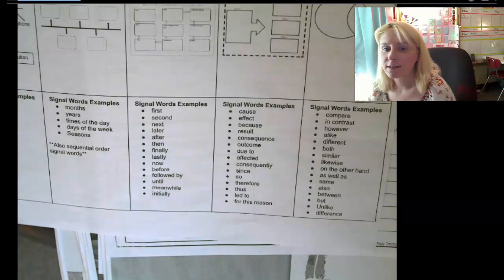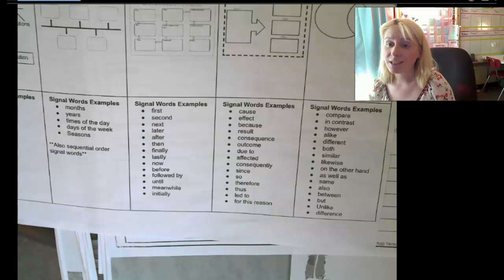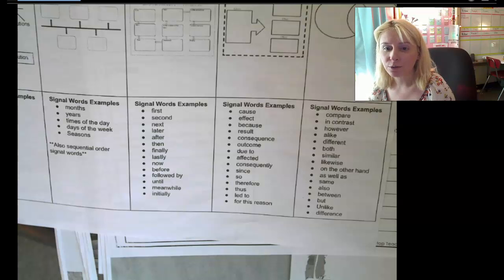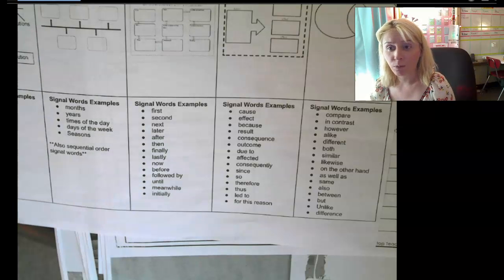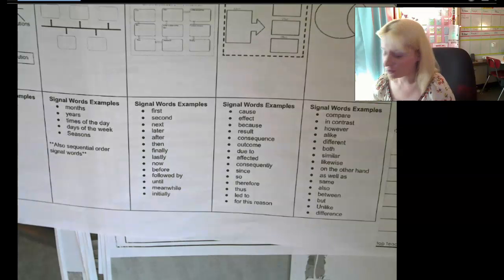So we have cause, effect, because, result, which could be resulting or as a result or resulted, consequence, outcome, due to, affected, consequently, since, so, therefore, thus, led to, could also be leads to, or for this reason. Again, that's not an exhaustive list. There are plenty more out there, but this should give you a good idea of what those words sound like and how they make you feel. And those type of words are signal words for cause and effect.